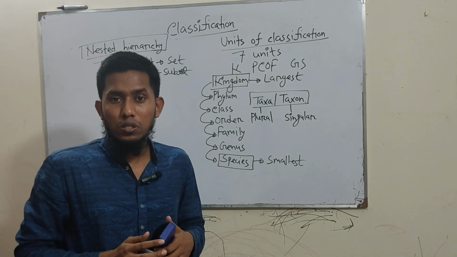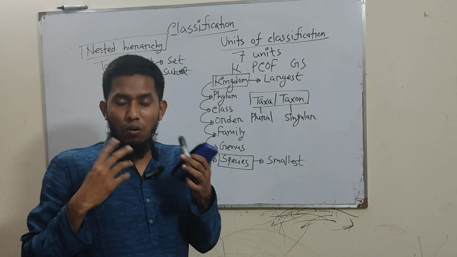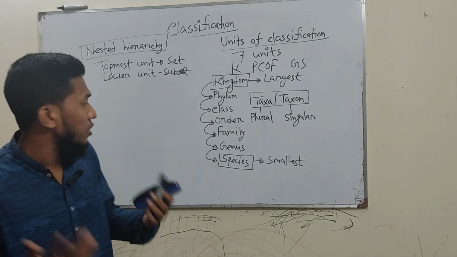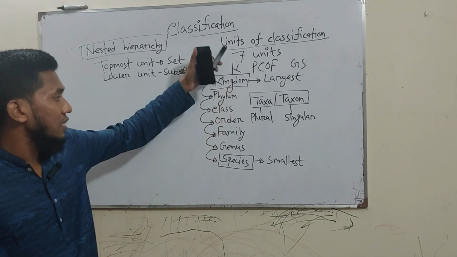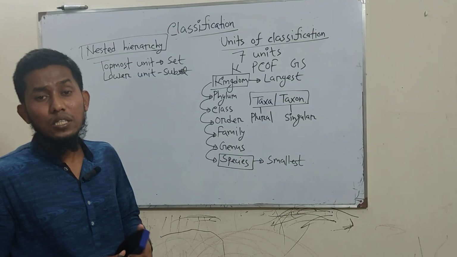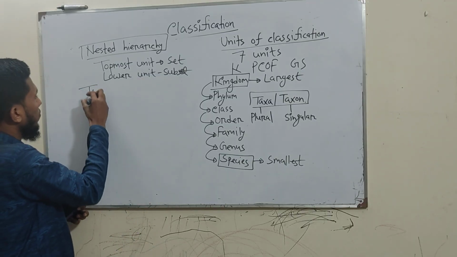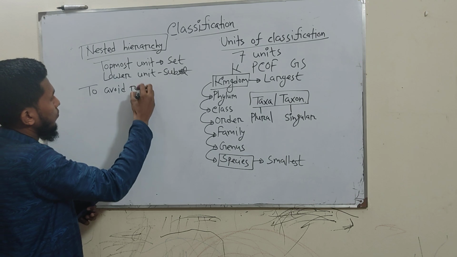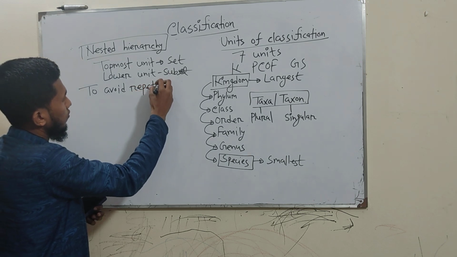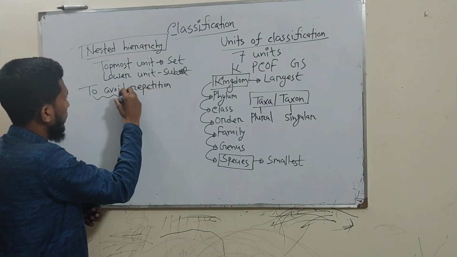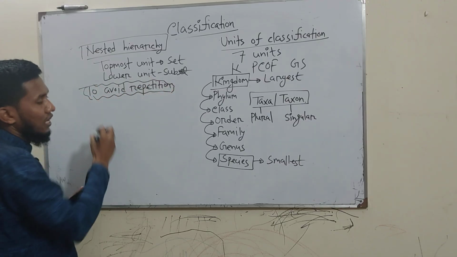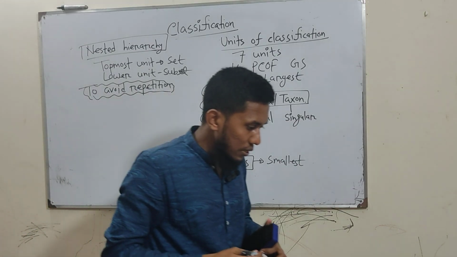To avoid repetition of these units or ranks, nested hierarchy is followed for classifying any organisms.